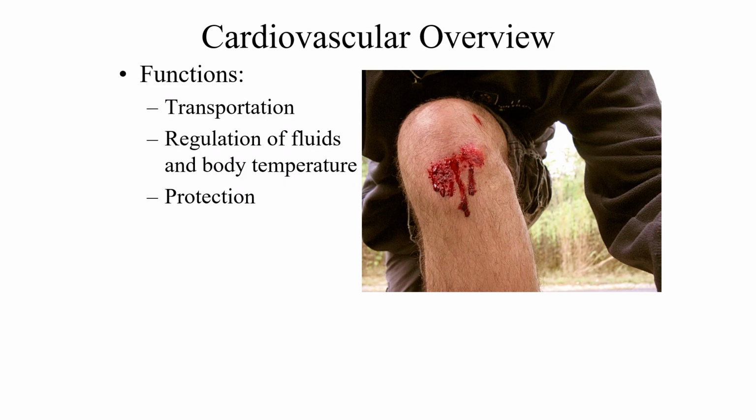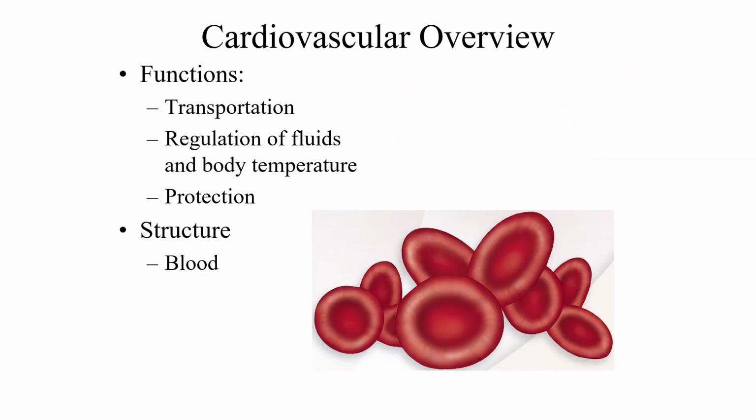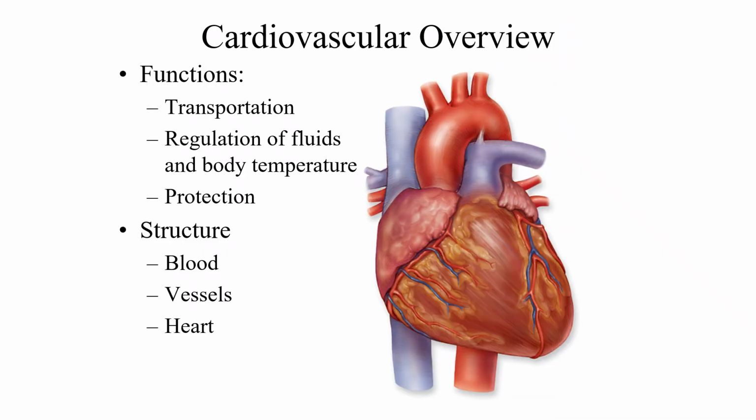Our leukocytes and cytokines can all work together to fight against foreign invaders. When we think about the components of the cardiovascular system, it's going to include blood, our blood vessels, and the primary machinery that pumps the blood out and receives the blood from the body, which is the heart.